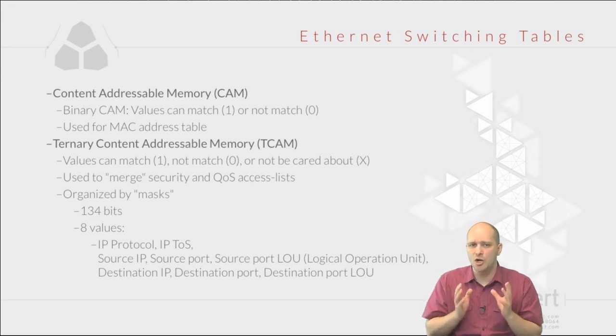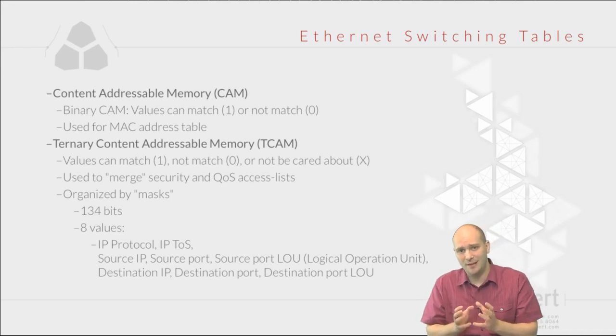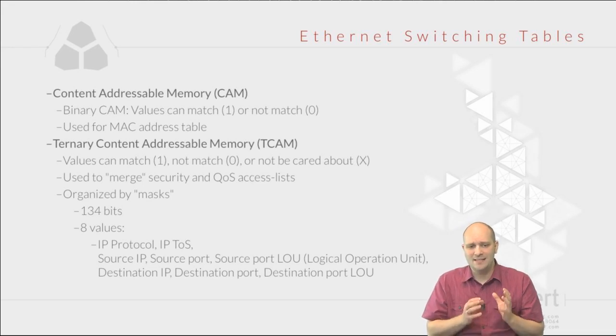But there is another table that is used in the switches, and really the CAM table is a subset of this table on Cisco switches, and it's something that we call the ternary content addressable memory, always referred to as the TCAM table.